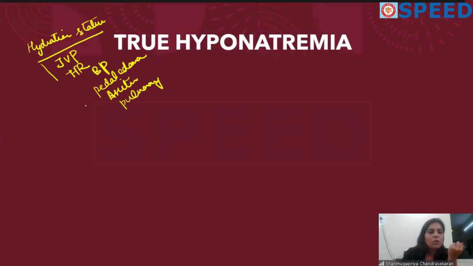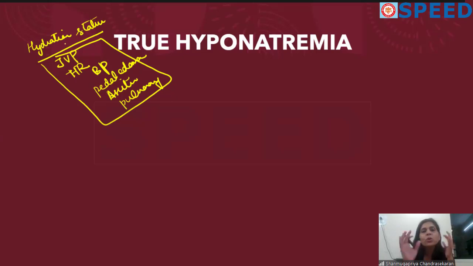Also observe the person's skin turgor. If you look for all these signs, you will know whether the person is euvolemic, hypovolemic or hypervolemic. So based on this, we are going to classify true hyponatremia. Basically, you should look at pulse, blood pressure, jugular venous pulse, and signs like pedal edema, presence of ascites, and pulmonary edema.